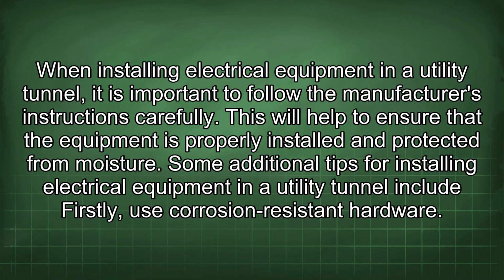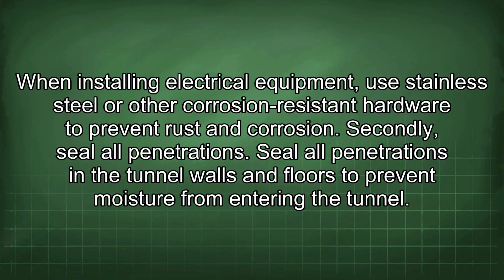Some additional tips for installing electrical equipment in a utility tunnel include: firstly, use corrosion-resistant hardware. When installing electrical equipment, use stainless steel or other corrosion-resistant hardware to prevent rust and corrosion. Secondly, seal all penetrations. Seal all penetrations in the tunnel walls and floors to prevent moisture from entering the tunnel.